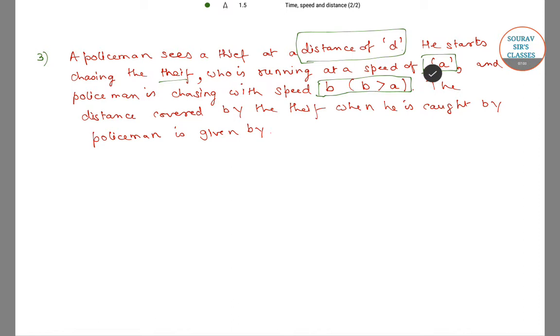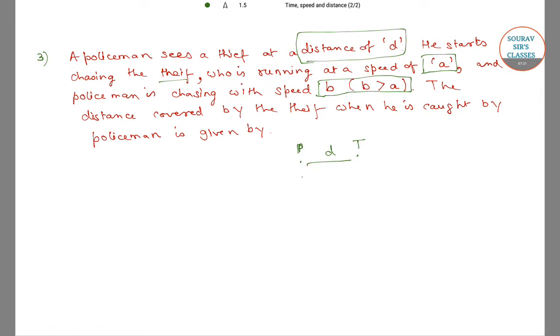Then the distance covered by the thief when he is caught is given by. Now suppose the policeman was at point A when he sees the thief. The distance is d.